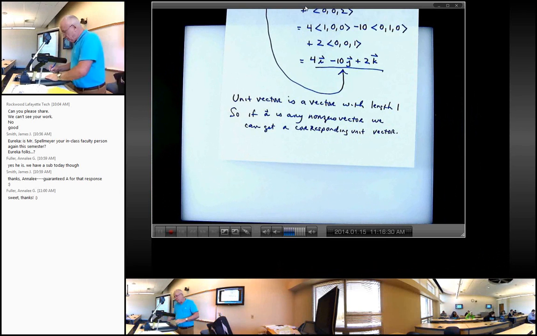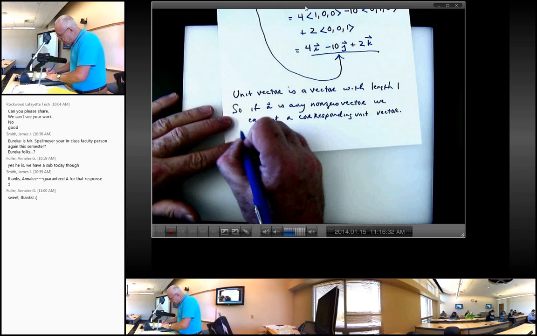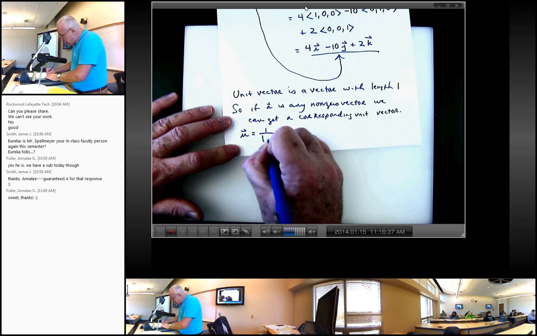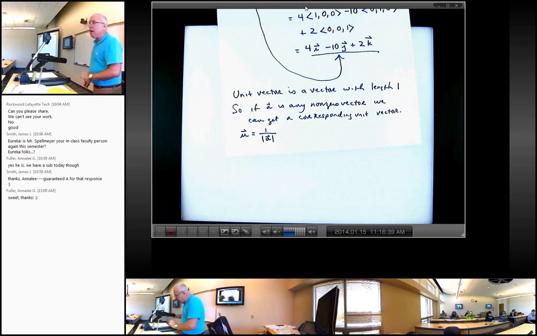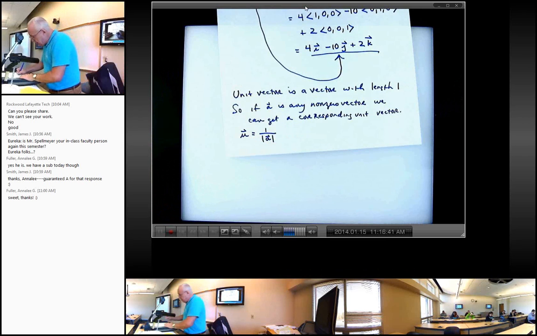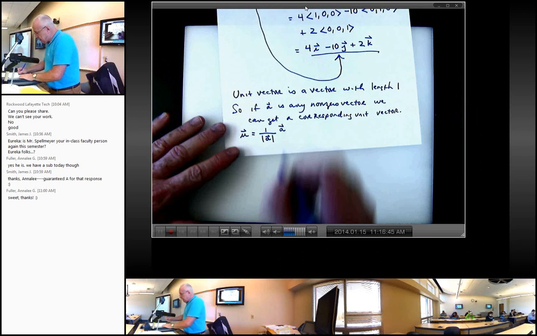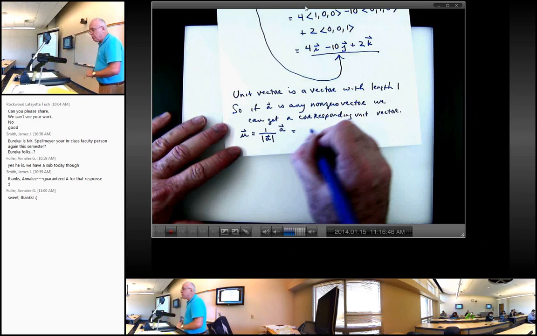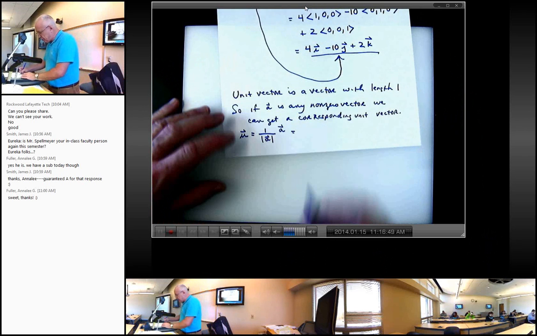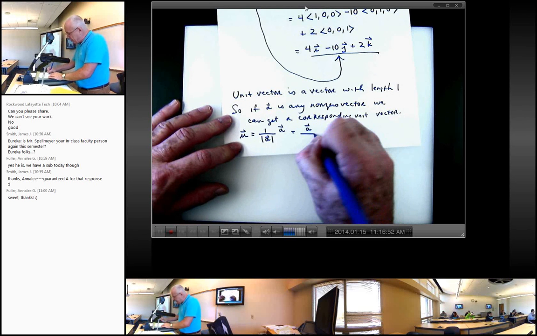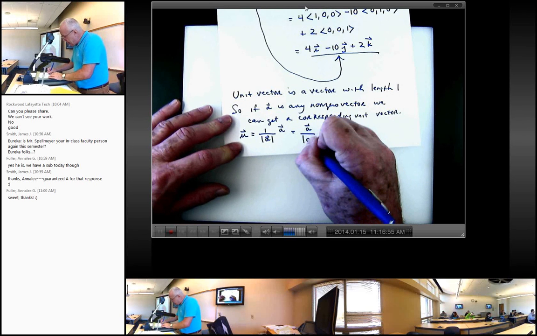So the unit vector in this case would be u equals 1 over the magnitude of the A vector times the A vector. And this is the corresponding unit vector. And I'm going to do an example in just a minute. Or I could write this as the A vector divided by its size.